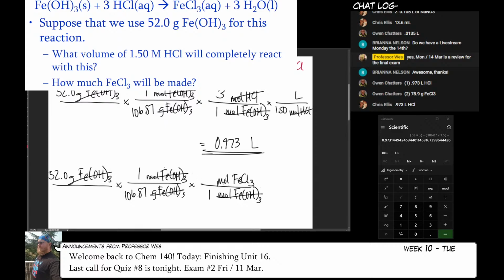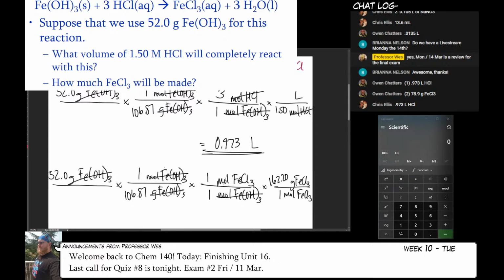According to the balanced chemical equation, it's 1 for 1. And how many grams of FeCl3 are there in a mole? I don't know. 162.20? Sure. There we go.